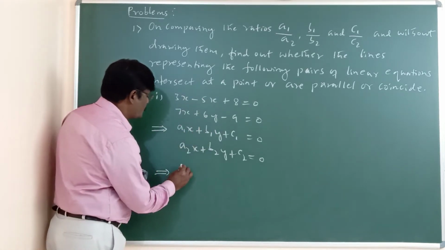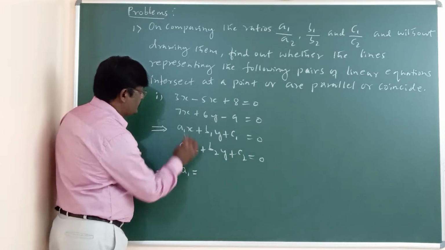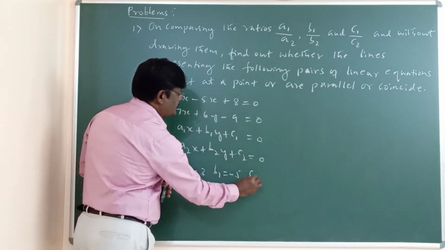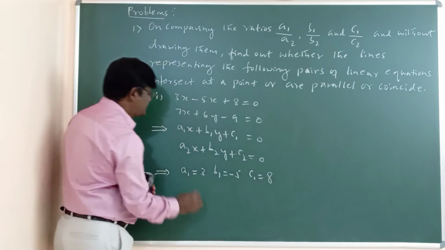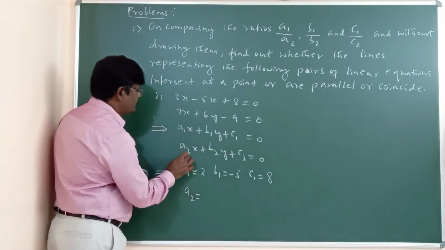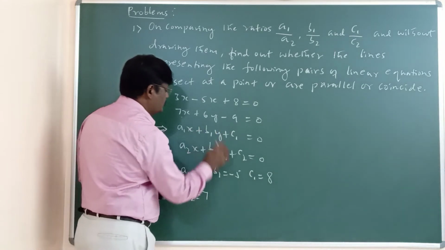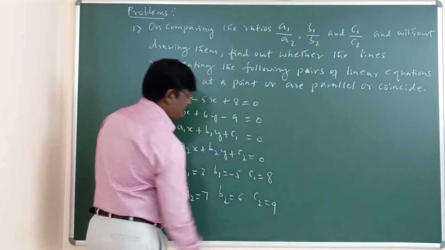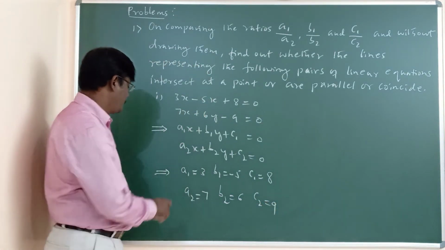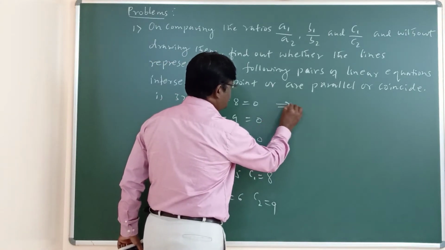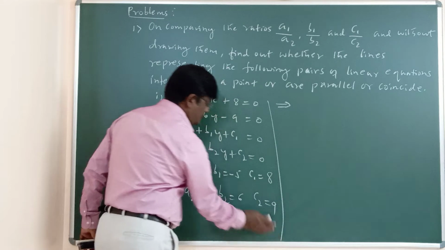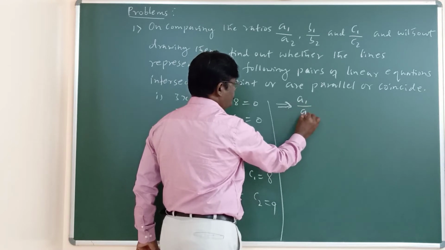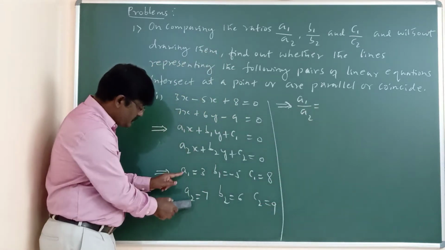Now we shall pick the coefficients. a1 is 3, b1 is minus 5, c1 is 8, next a2 is 7, b2 is 6, and then c2 is 9. Now below this, children, continue: this implies a1 by a2, just below this you write.